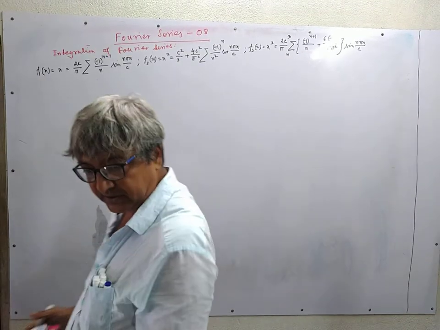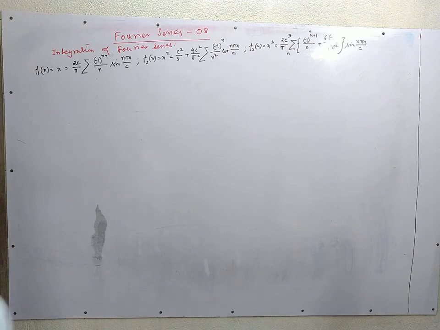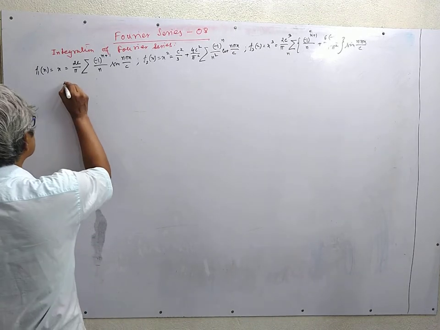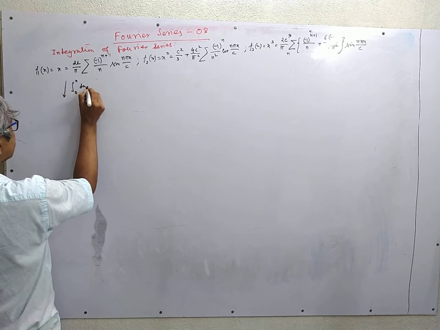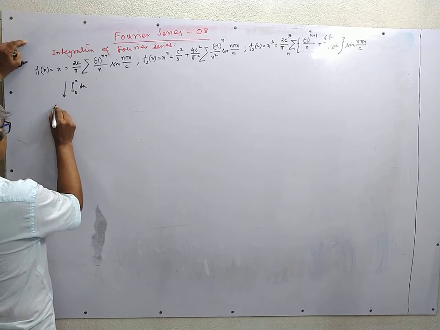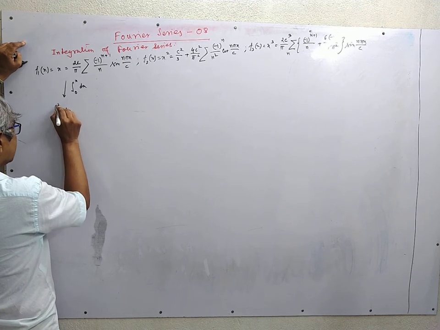Now let me first integrate the f1 function. We integrate this between 0 to x dx. So we get the integral of x dx from 0 to x.